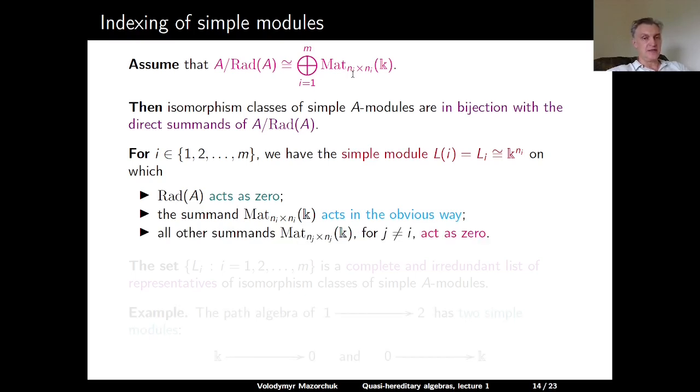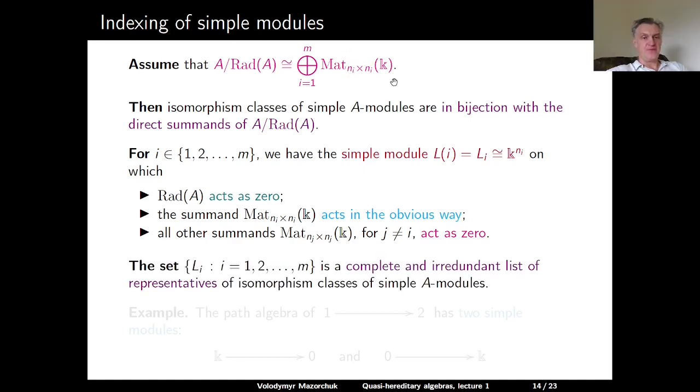And all other summands of our decomposition act on this module as 0. So all other matrix summands n_j times n_j with coefficients in K from our decomposition, where j is different from i, act on our simple module as 0. Note that for some of those j's, n_j may be equal to n_i. That's not about the size, it's about the enumeration in this decomposition.